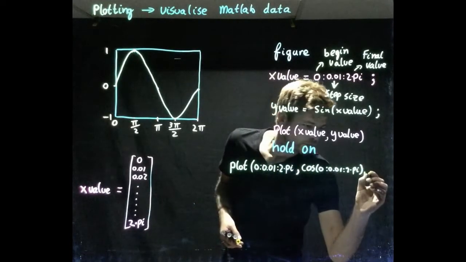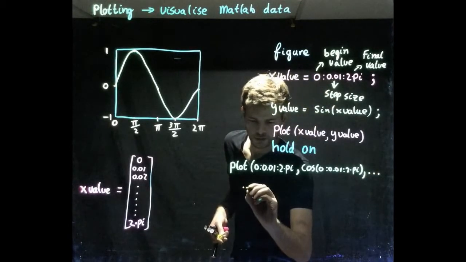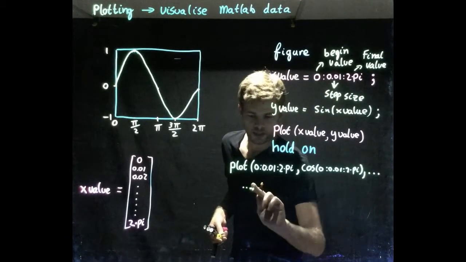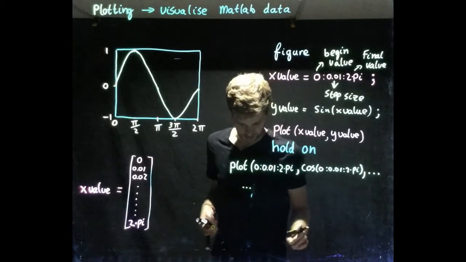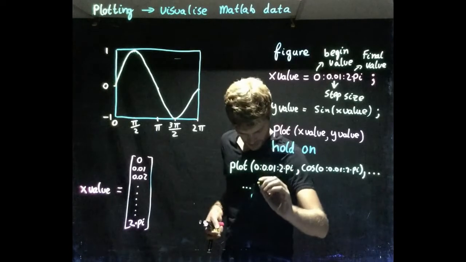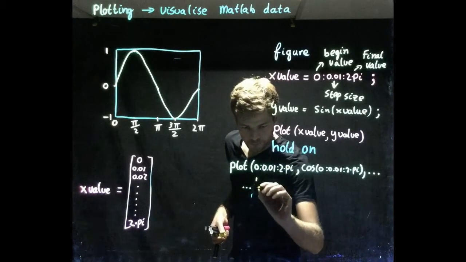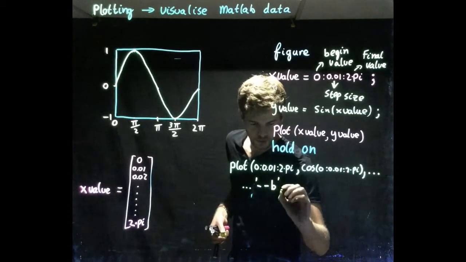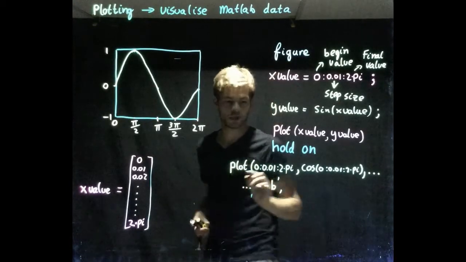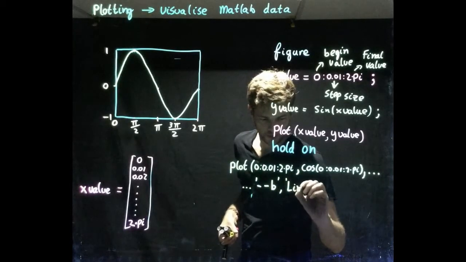I'm going to use 3 dots over here, and then MATLAB will continue on a lower row. And I want to have a different thickness as well, so I'm going to give it a line width.